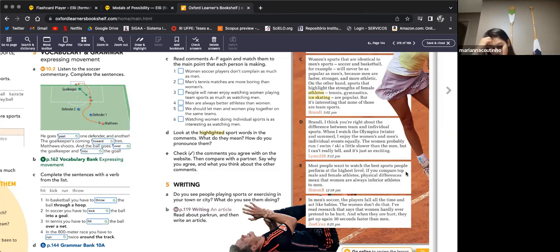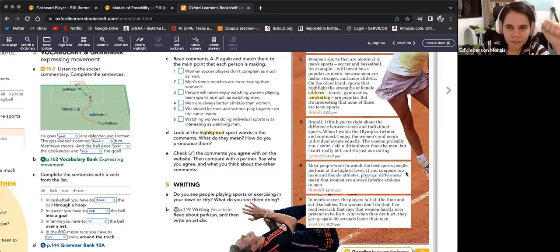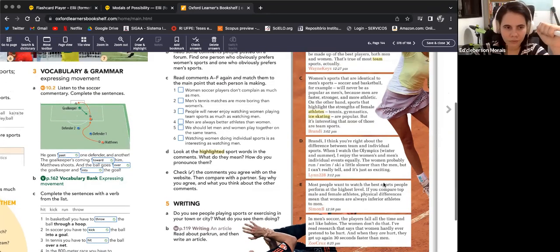Which letter? Men's, women's. Which one prefers women's? I think it's letter F.